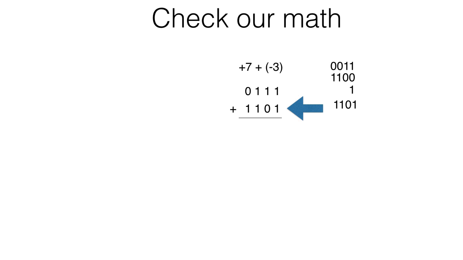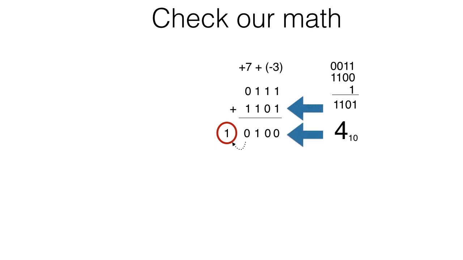So we go 1 plus 1, 0, carry the 1. 1 plus 1, 0, carry the 1. 1 plus 1 plus 1, 1, carry the 1. That's 0. We get a carryover bit, right? There we go. And what did we say in two's complement? We can throw that away.